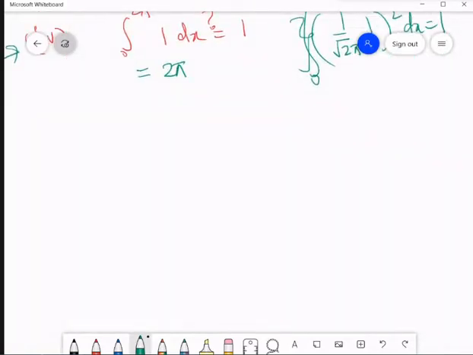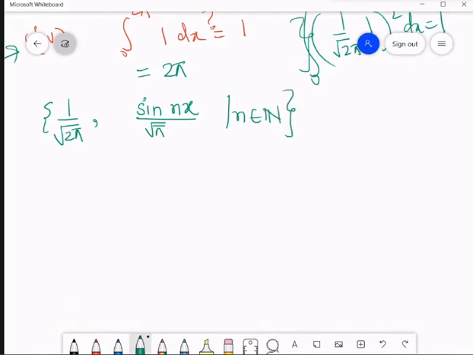The orthonormal set will be 1 upon square root of 2 pi, and for the sine part, we have already seen. This is the orthonormal set.